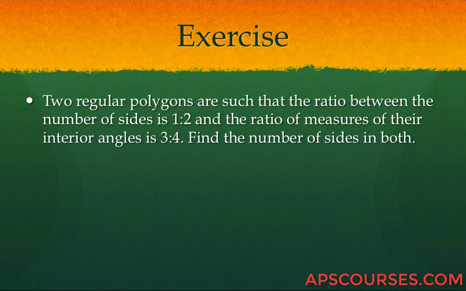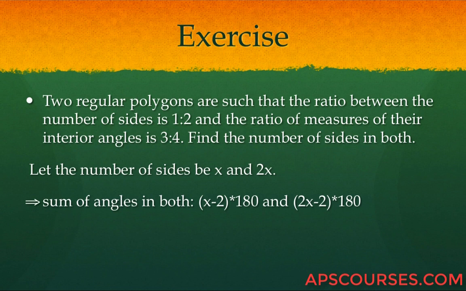Two regular polygons are such that the ratio between the number of sides is 1:2 and the ratio of measures of their interior angles is 3:4. We need to find the number of sides. Since the ratio of sides is 1:2, let the number of sides be x and 2x.